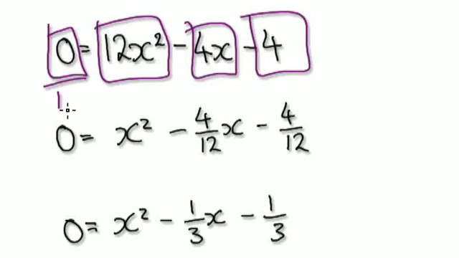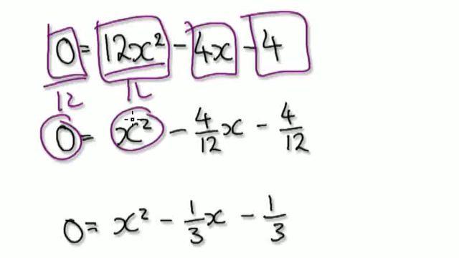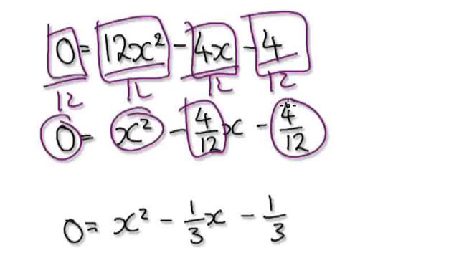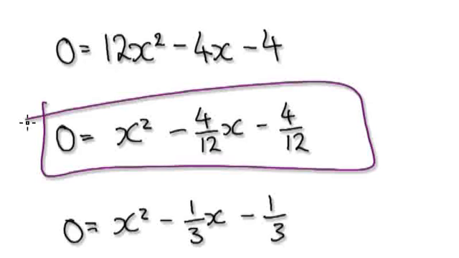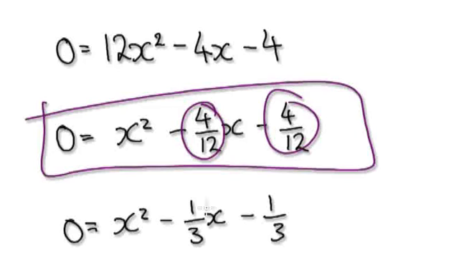Divide everything by 12. So 0 divided by 12 gives you 0, and this thing divided by 12 gives you x squared, and so on. Now tidy this thing up, so that will give you a third.